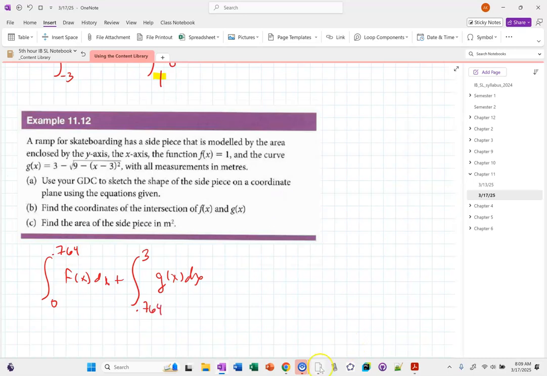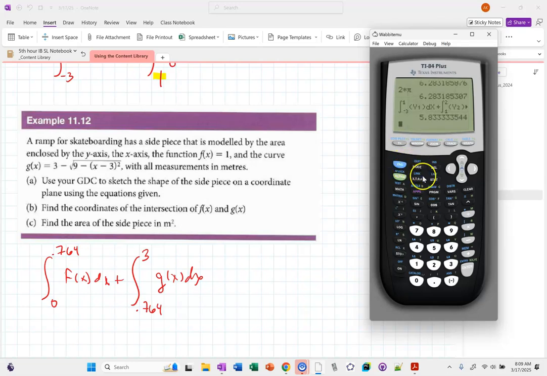And now it's just calculator time, my dudes. So I'm just going to steal the previous input and just update the bounds.